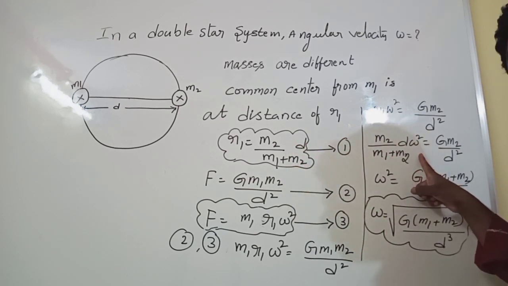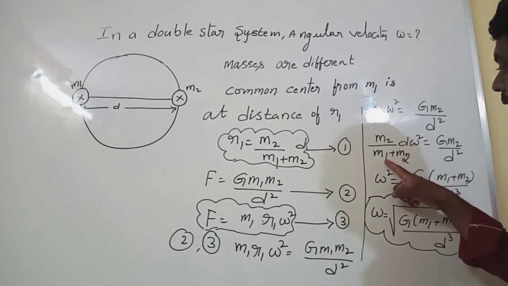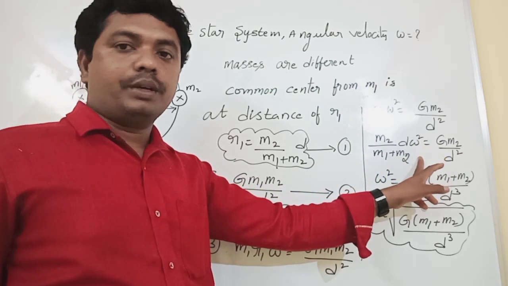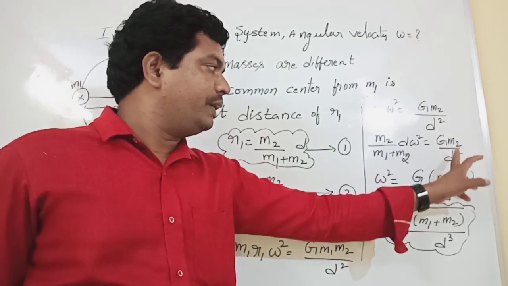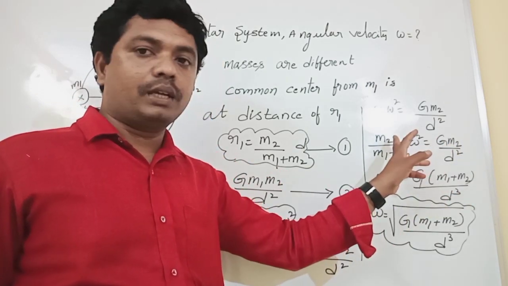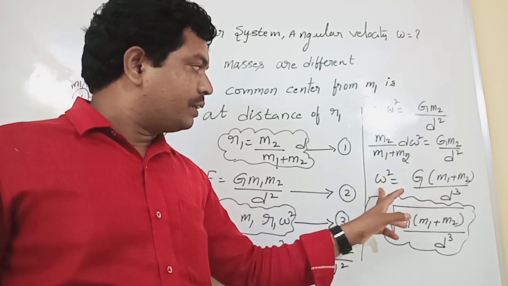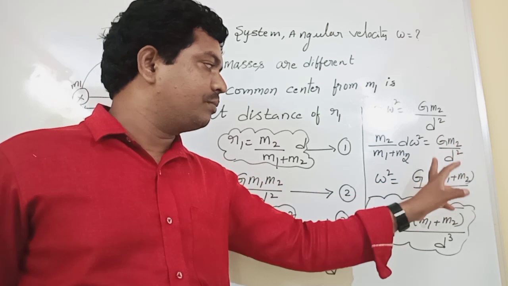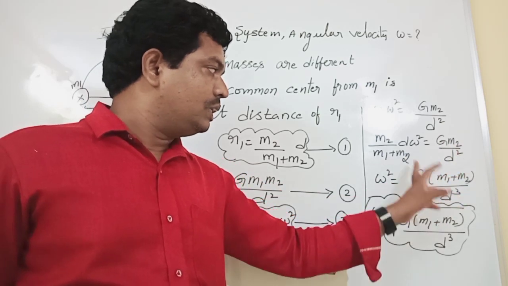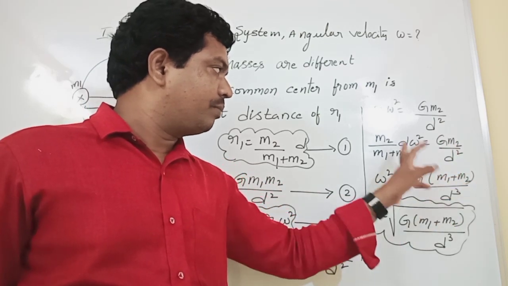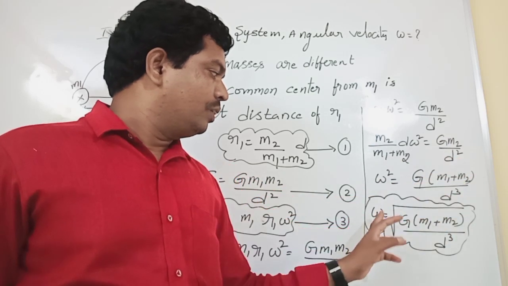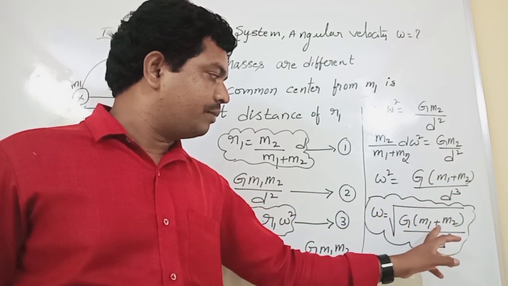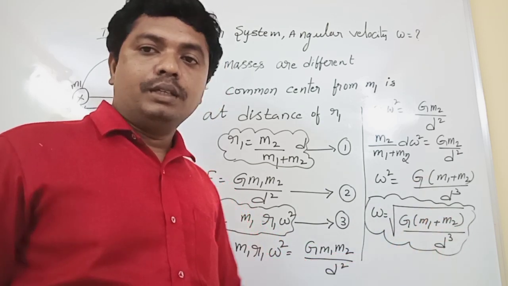So m2 divided by m1 plus m2 into d omega square is equal to G m2 by d square. m2 is cancelled on both sides. Then omega square is equal to, m1 plus m2 is in the denominator, going to the other side becoming the numerator, G times m1 plus m2 divided by d into d square. Omega is equal to root of G times m1 plus m2 divided by d cube.